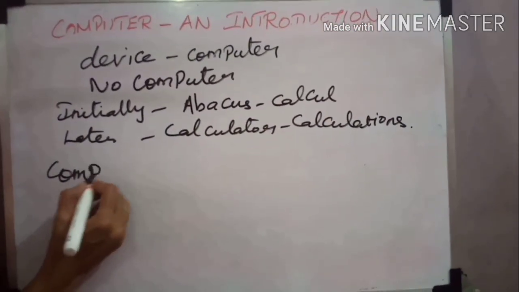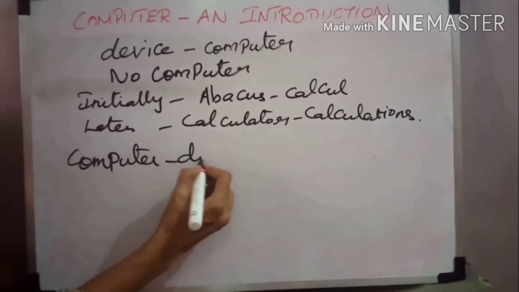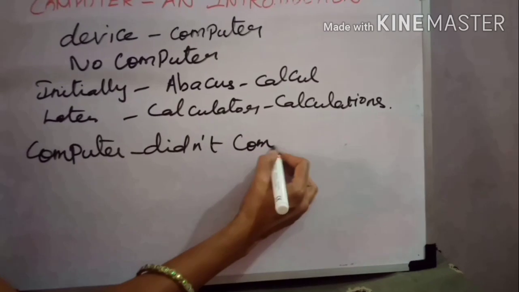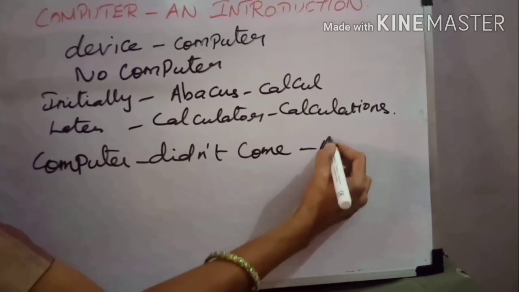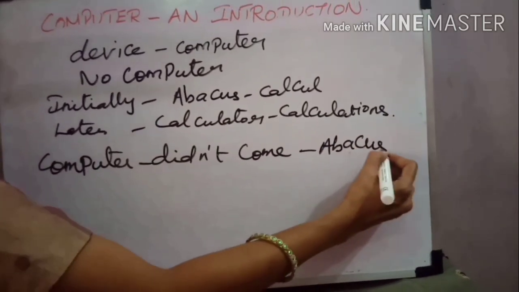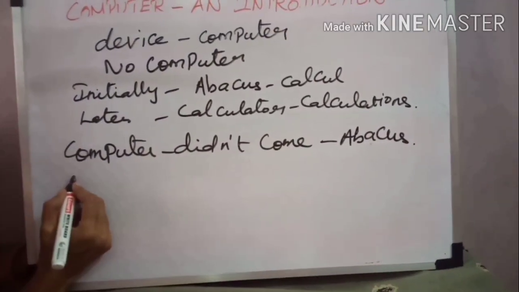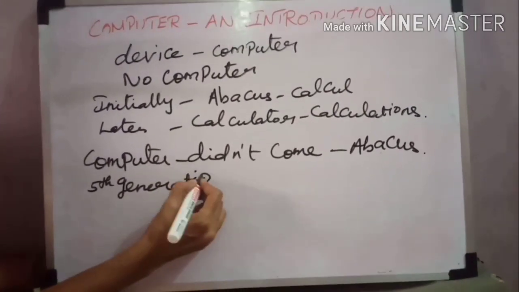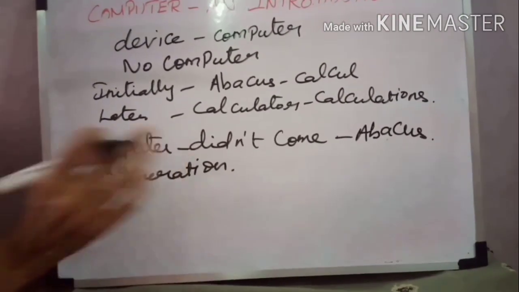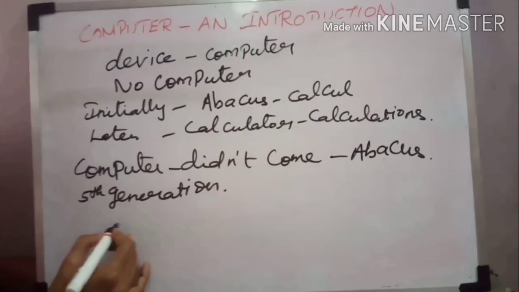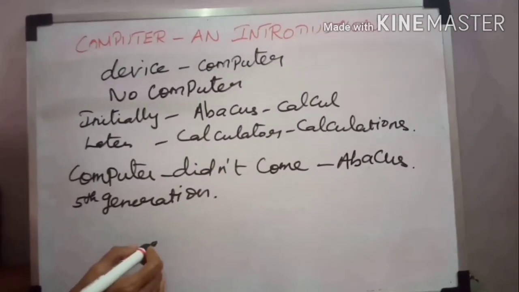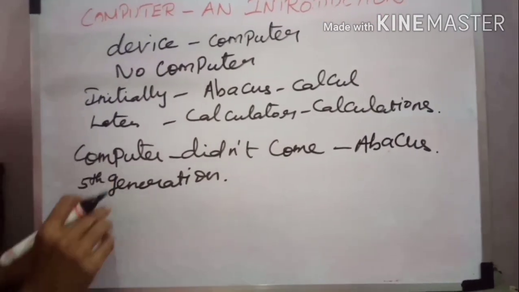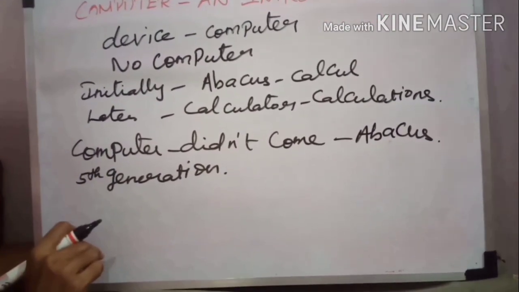Computer didn't come directly from the abacus. Now what we are using is the 5th generation computer. There were 4 more generations previous to this. Now we see in detail the 5 generations of computers.